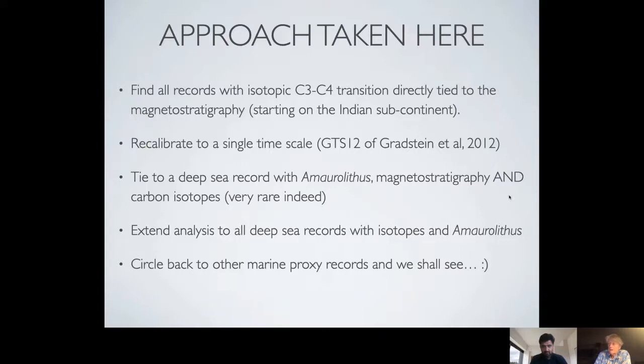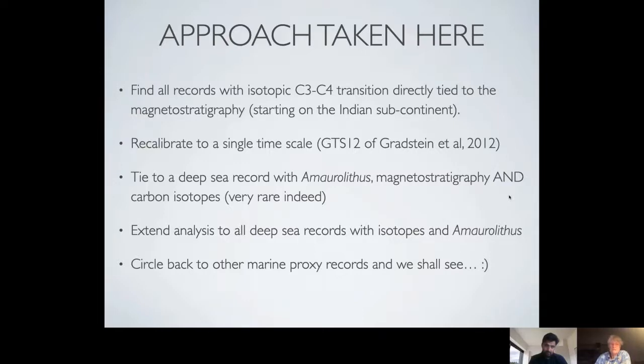And then we need to tie the deep sea records, all those deep sea records, that somewhere there has to be a core that has Amaurolithus, magnetostratigraphy, and carbon isotopes. And I know of one core, one International Ocean Drilling Program core that has those three things.